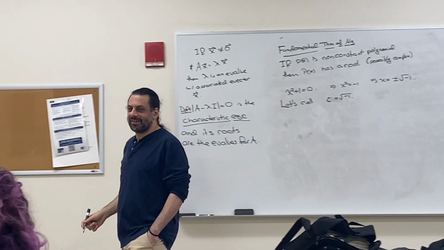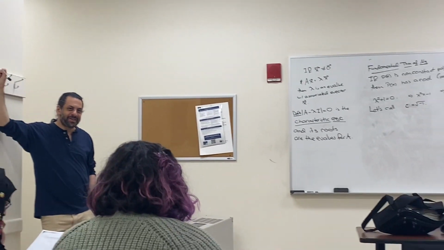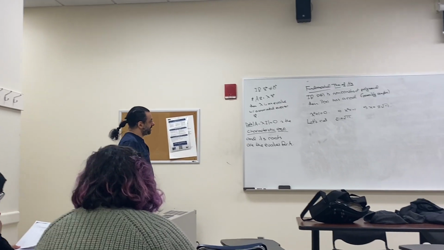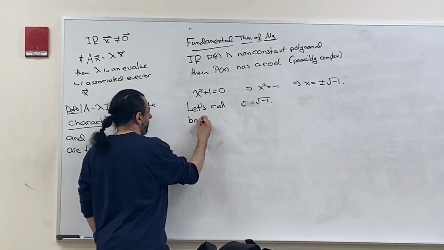Why do they call it i? The ninth letter of the alphabet? No, that's not the reason. It's called i for imaginary. And then maybe say the basic algebra.